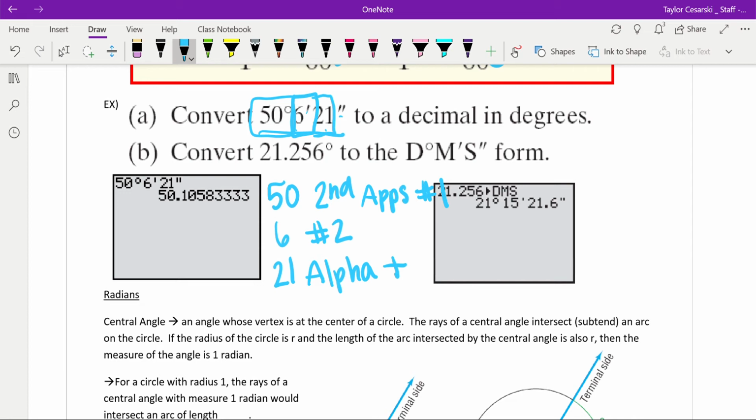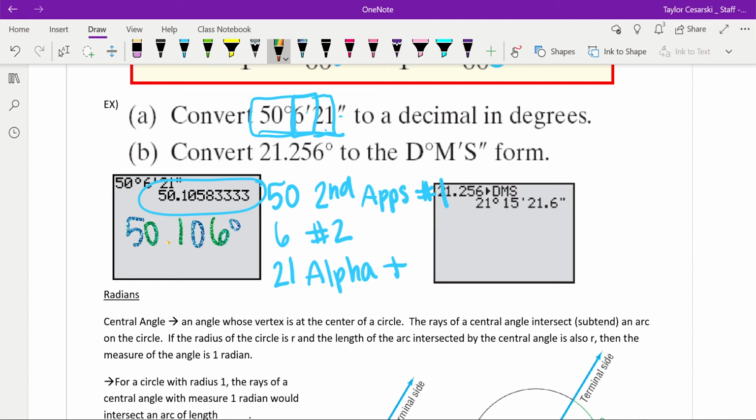All right, so hit alpha plus, and then you can hit enter. And you should get this that we would normally round to 3 decimal places, so that would be 50.106 degrees. So we took that from degrees, minutes, seconds, and we turned it into degrees.